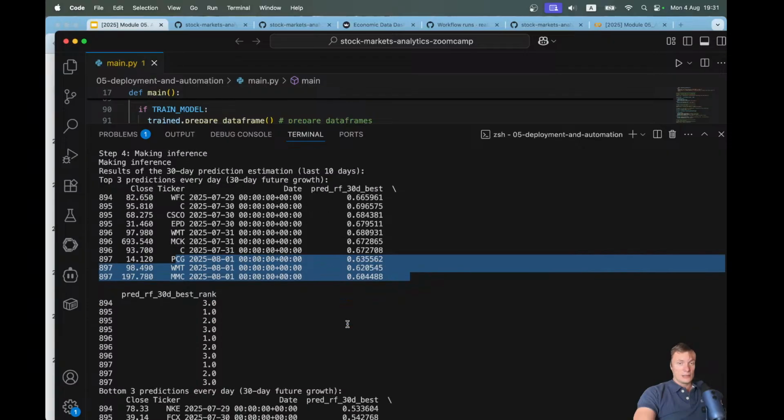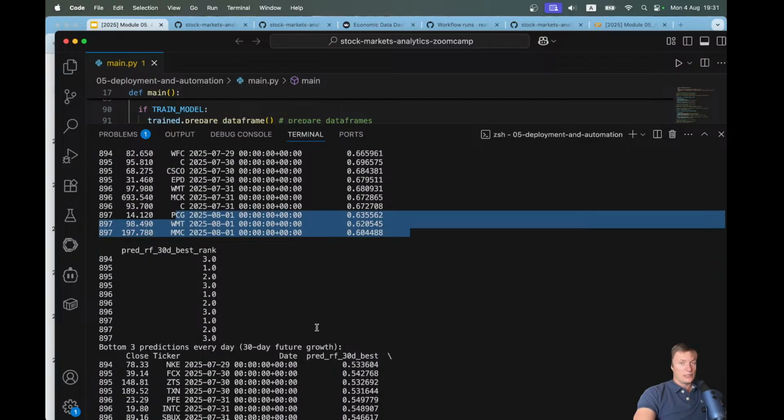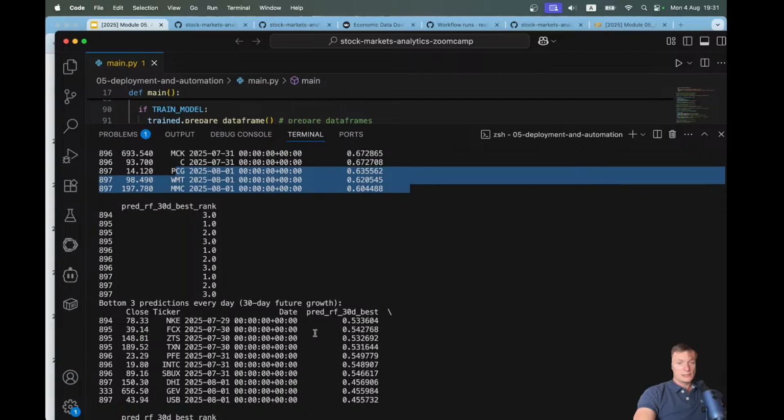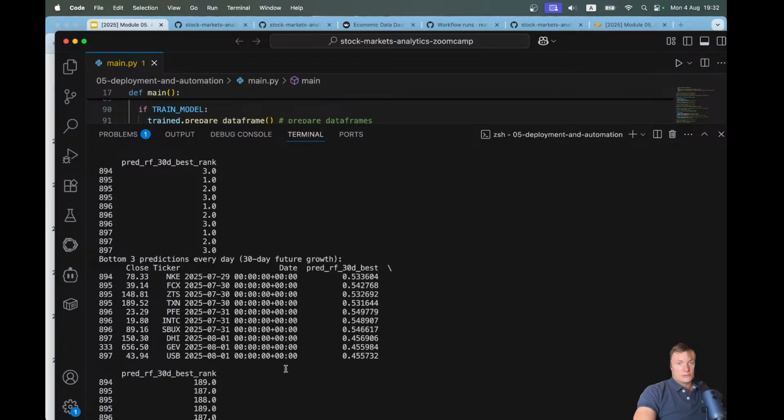And that's the prediction probabilities. So when you have those, you can manually input your trades, or you can send it via API. You can also use this for the lowest prediction probabilities. So for today it was 45.45 for DHI, GEV, and USB.